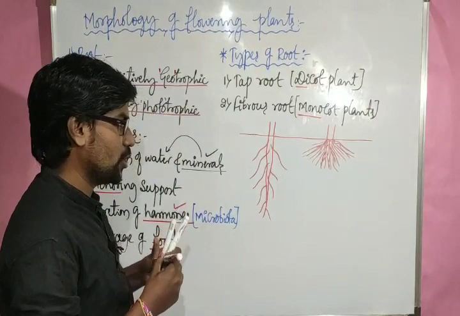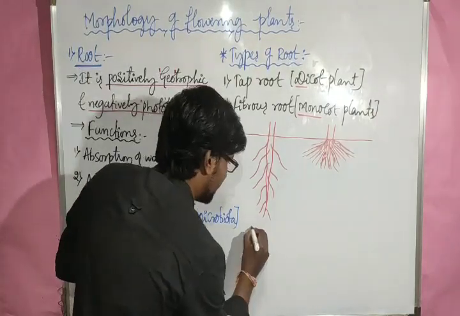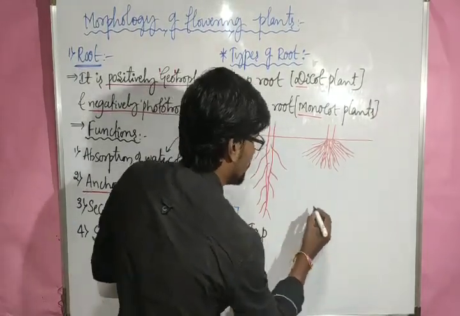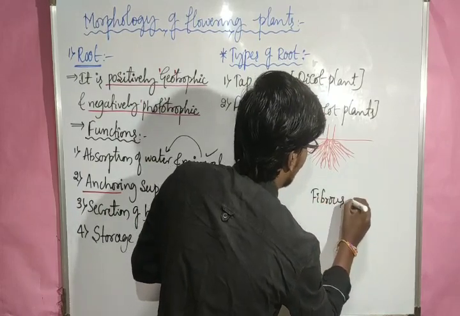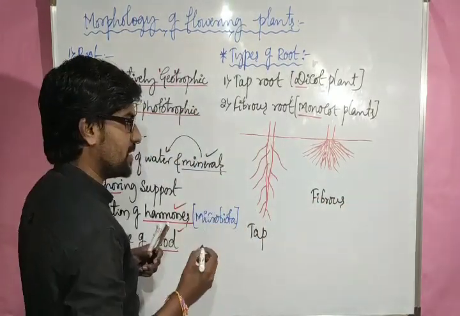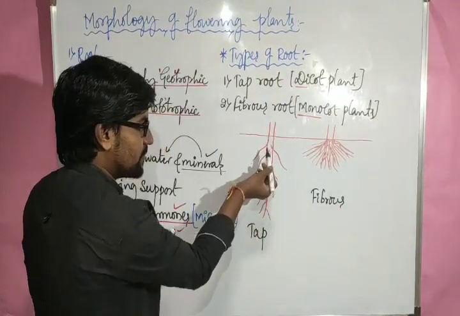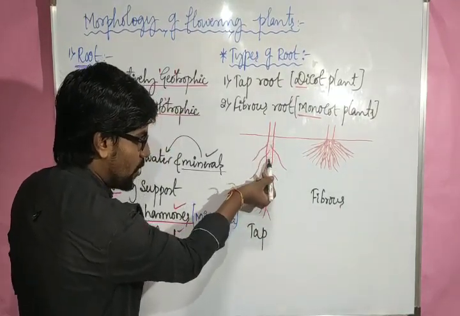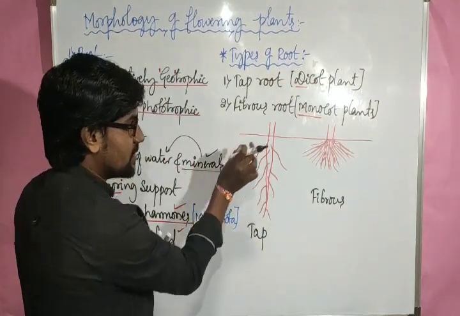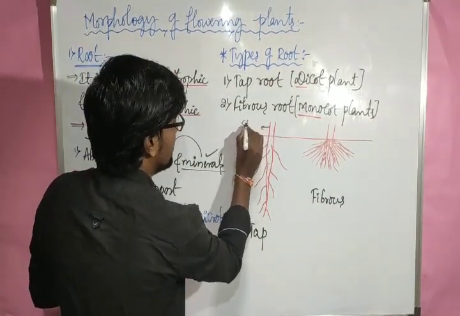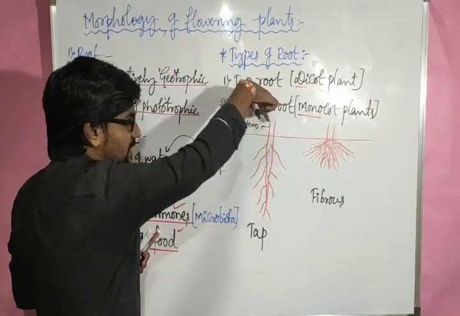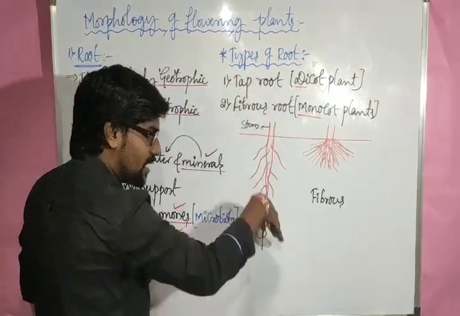Yes, two types of root system. The first one is taproot and the second one is fibrous. So just observe here, taproot system means here the root is more elongated, and along with the stem, this is the stem. Yes, this portion is stem. The stem is actually aerial and this is the underground.